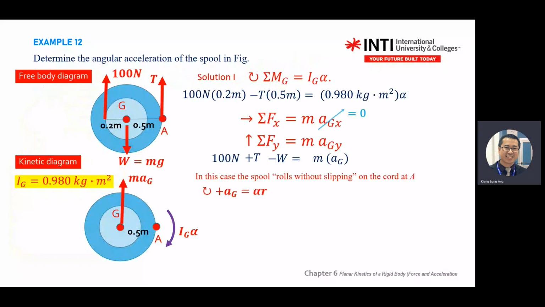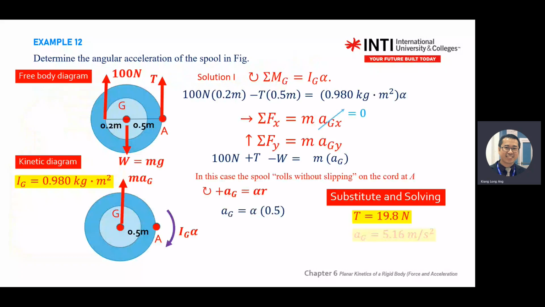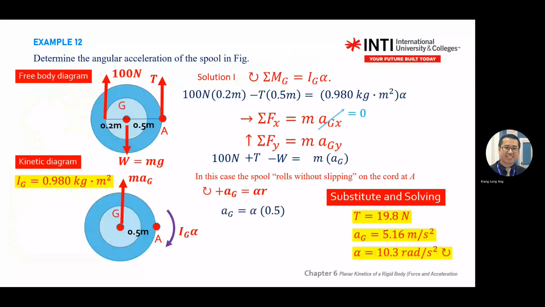So you can calculate alpha r. The acceleration is in the tangent direction. This one turns in this direction, right? So you put in, you calculate, then you solve, and you are able to find it.